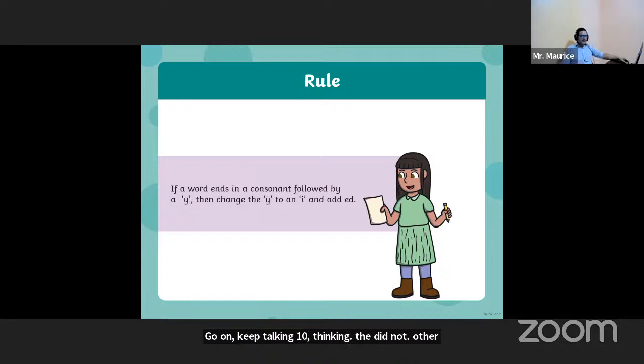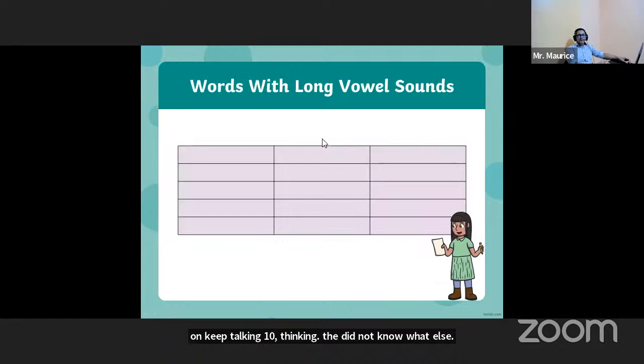Okay, go on, no problem. That is what we saw a moment ago. Verbs that end in Y, but before the Y there is a consonant. Carry. We change the letter Y to I and we add the suffix ed.